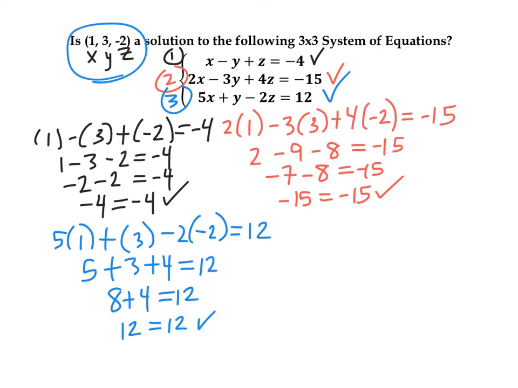So what does that mean? It means that, let's say we have some sort of graph, and I have this line, equation 1. Let's say we have equation 2. And then we also have equation 3.